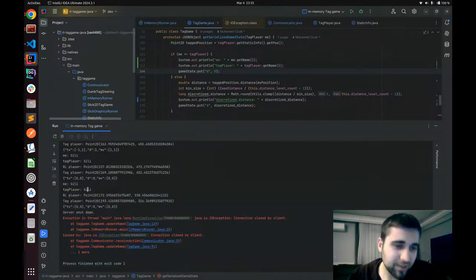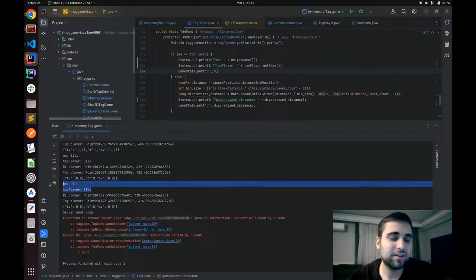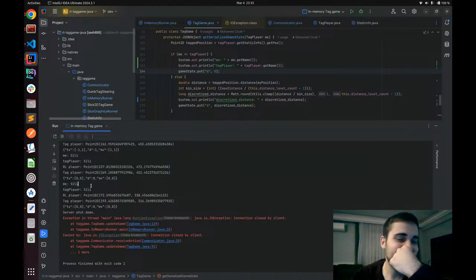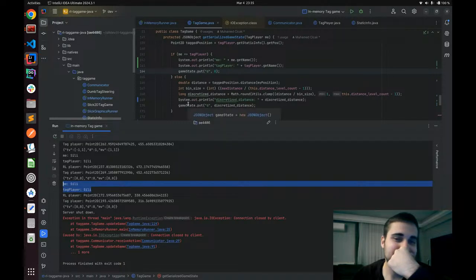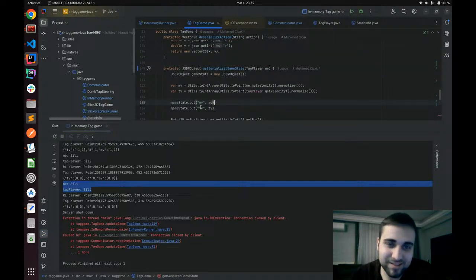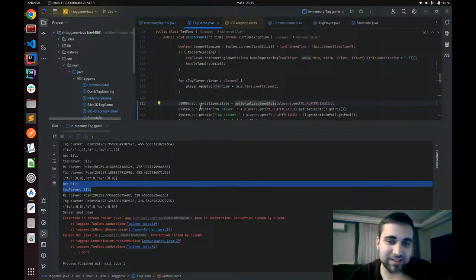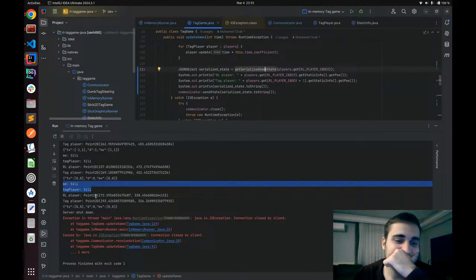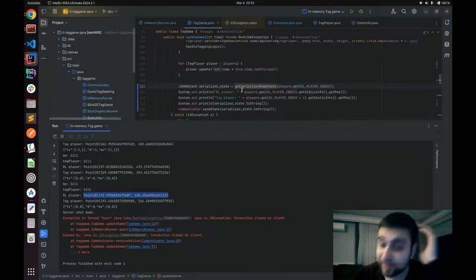What the fuck? That's wild. That's wild. They have different positions, but they're the same player.